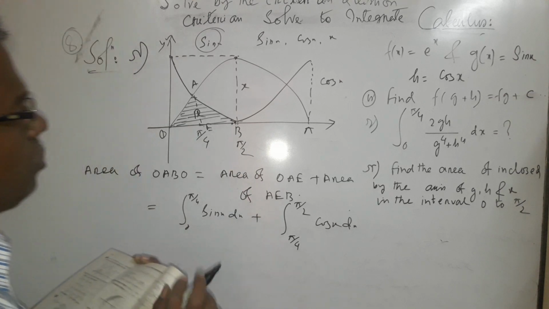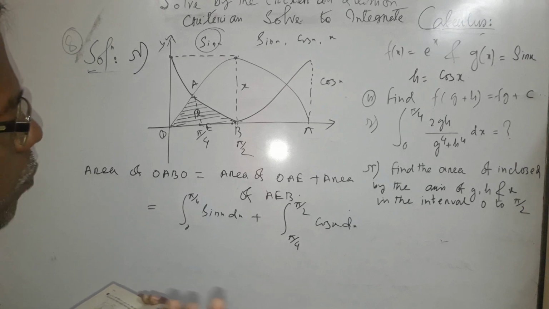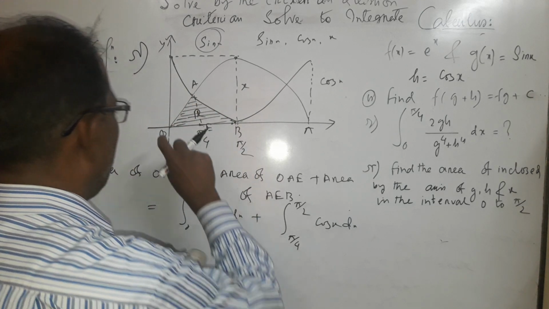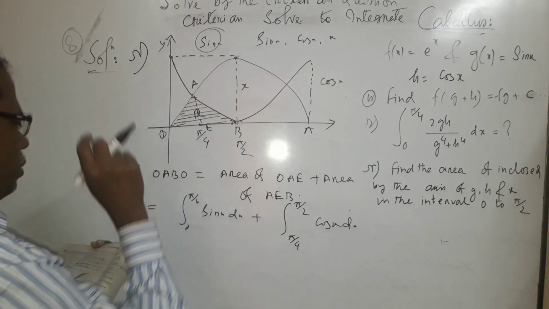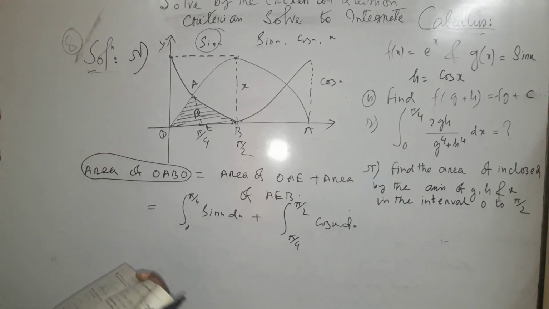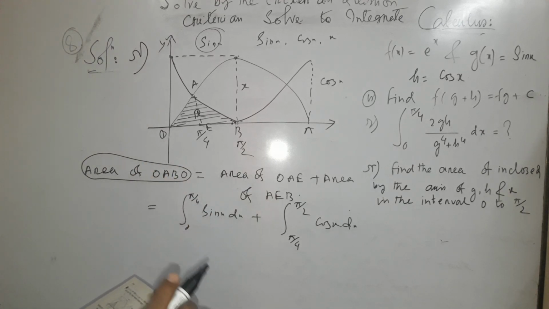These two lines are the meeting point of OABO. This is the meeting area of the figure e to the power x, sin x and cos x.